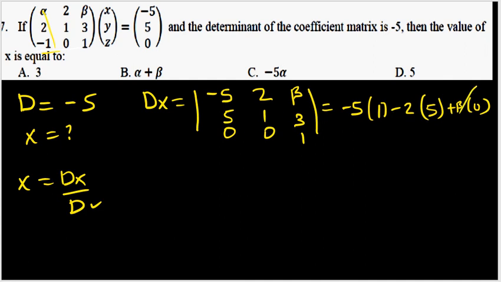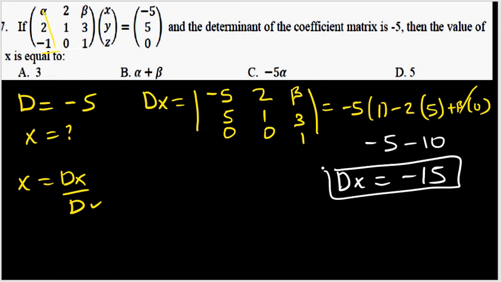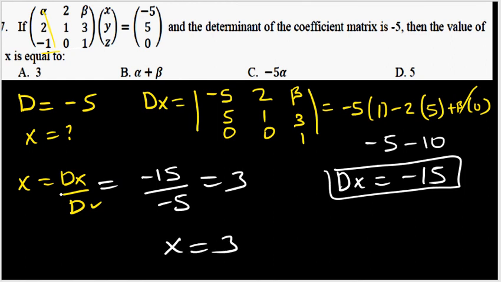So what remains here? Negative 5 minus 10, which is negative 15. This is Dx. Therefore, the answer is negative 15 over negative 5, which is 3. So the x value must be 3, which is A.